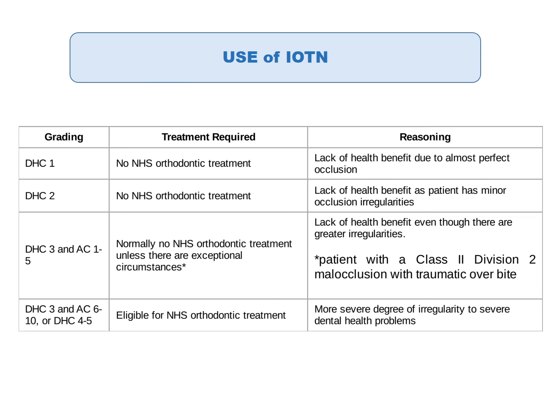Now, DHC grade 3 and an AC score of 6 to 10, or DHC grade 4 to 5, these are eligible for orthodontic treatment under the National Health Service. The reasoning being a more severe degree of irregularity, and severe dental health problems are present.